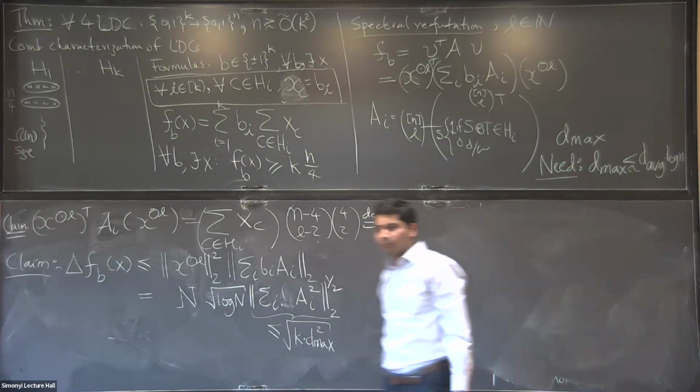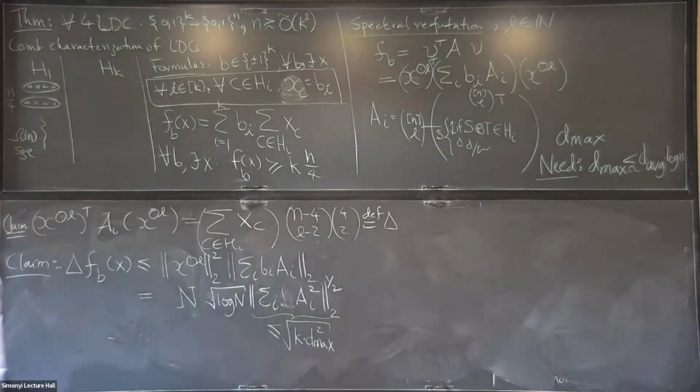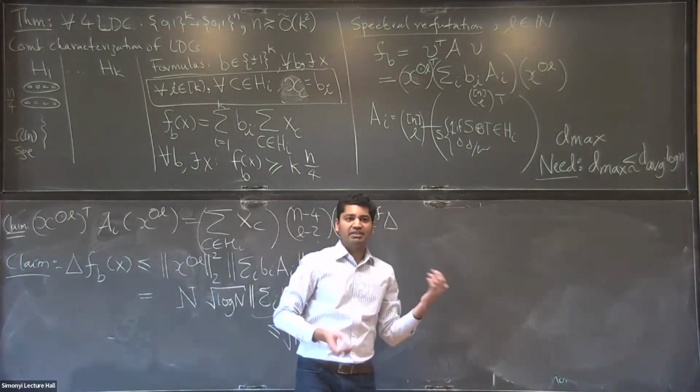So I want, let's say, within log small n factors, all the degrees to be equal. So, let's reason about whether this could be true.